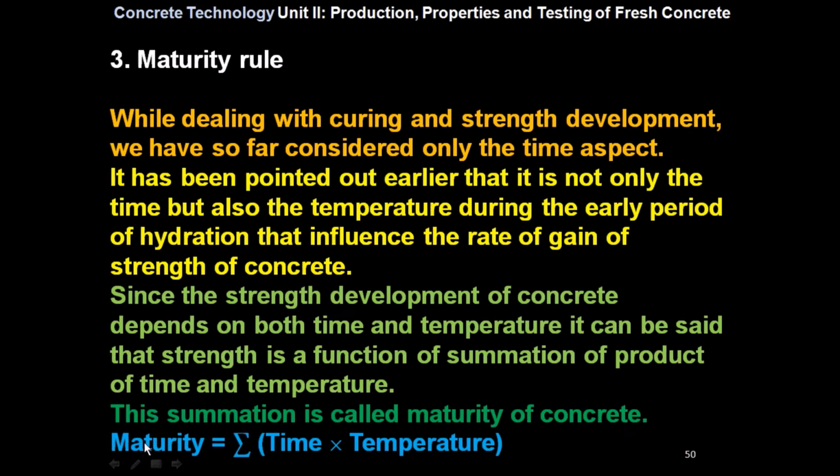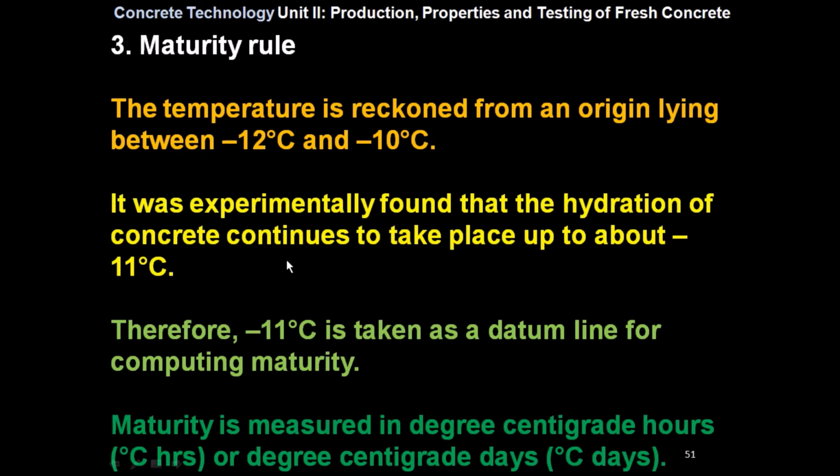Mathematically, maturity is equal to the summation of time multiplied by temperature. The temperature is reckoned from an origin lying between minus 12 degrees Celsius and minus 10 degrees Celsius. It was experimentally found that the hydration of concrete continues to take place up to about minus 11 degrees Celsius.